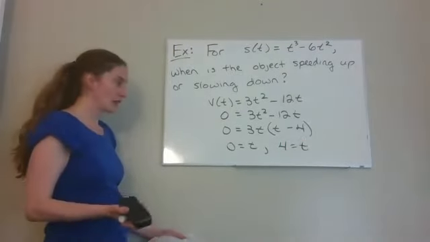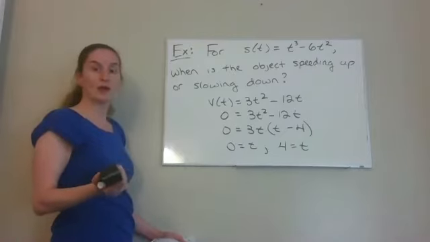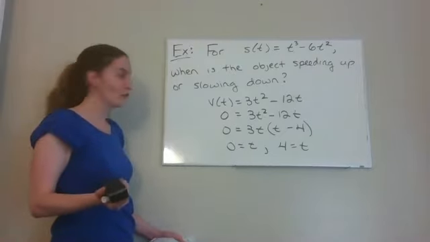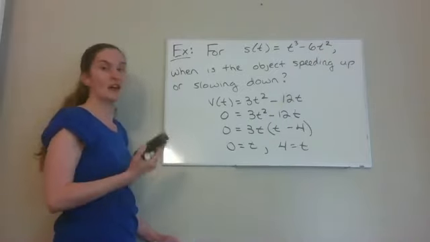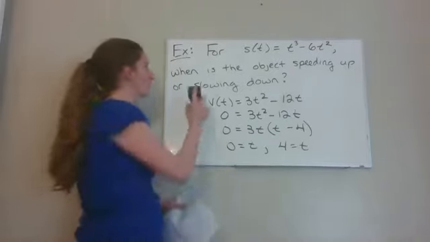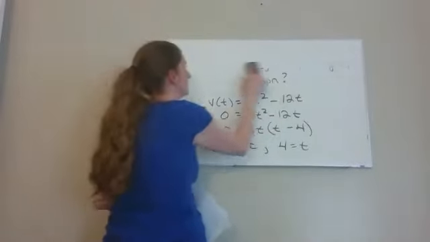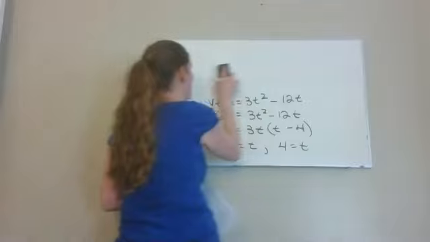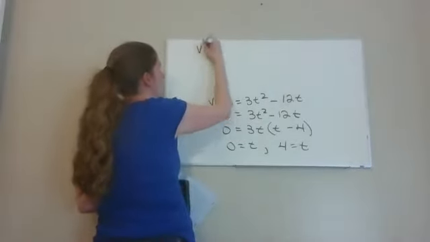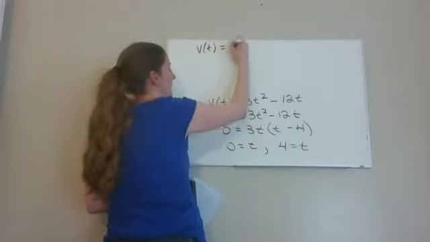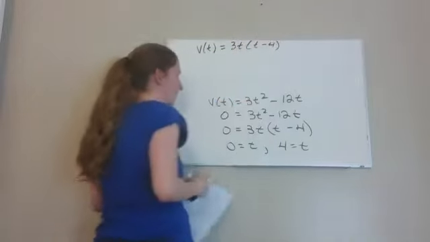So I know my velocity is 0 at those two instances, and now to figure out where it's positive and where it's negative, I just have to check values in my velocity function on each side of these critical values. So I'm just going to remind us, the velocity when we had it completely factored was 3t times t minus 4.